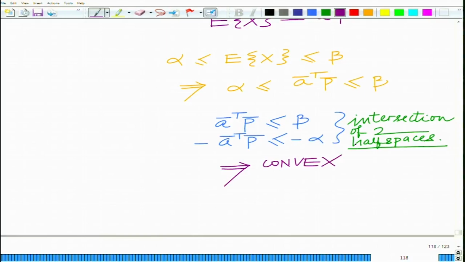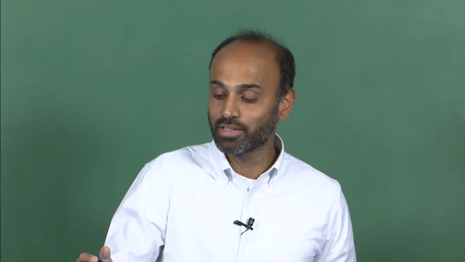Expected value of x less than or equal to beta can be represented as the half space a bar transpose p bar less than or equal to beta, and expected value of x greater than or equal to alpha is another half space. So this forms the intersection of two half spaces, and therefore this set is indeed a convex set.